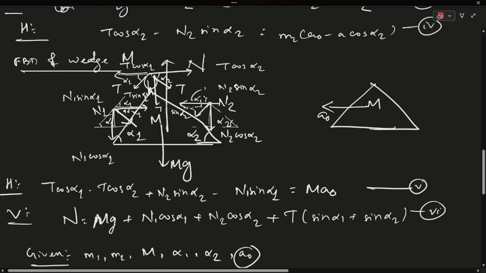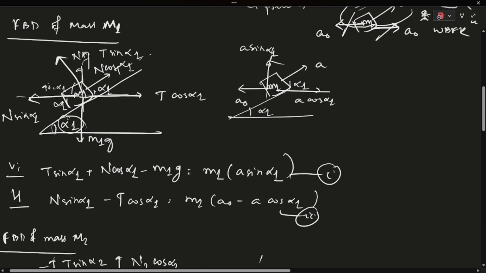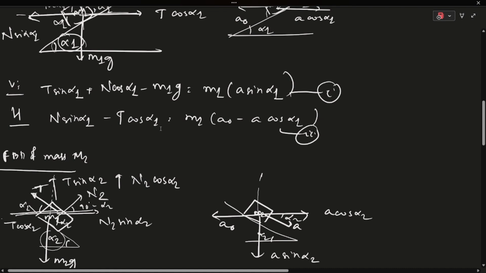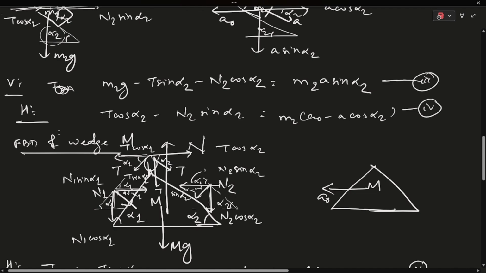So if you observe, equation 2 has N1 sin alpha 1 minus T cos alpha 1. In equation 4, T cos alpha 2 minus N2 sin alpha 2.